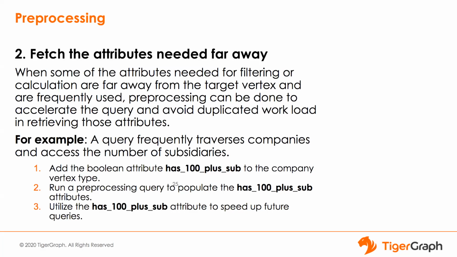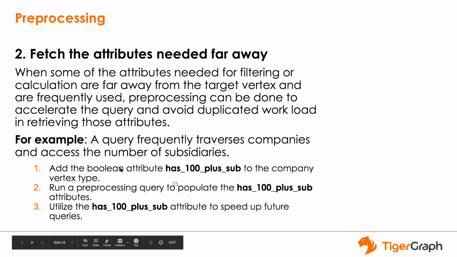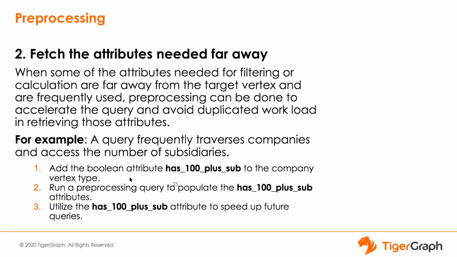That's slow. However, you can also add a Boolean type or integer type attribute to the schema first, and then run a preprocessing query to populate this attribute. And then you have the numbers already stored on the graph, right? And then you can just use it whenever it is needed. You don't have to do actual traversal in order to access the attribute.